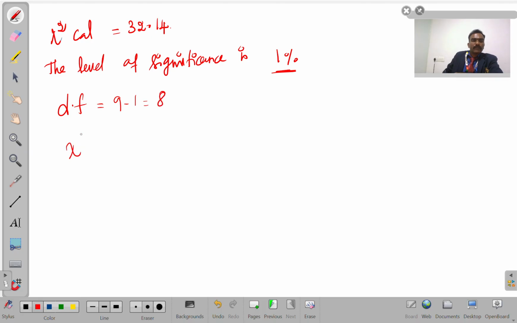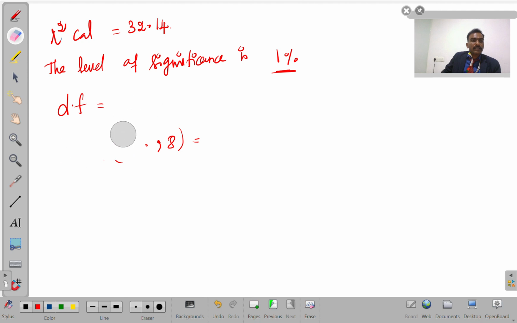So find the chi-square table value for 1% level of significance and degrees of freedom 8, using the chi-square table.